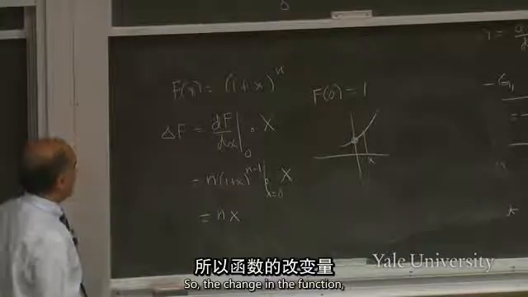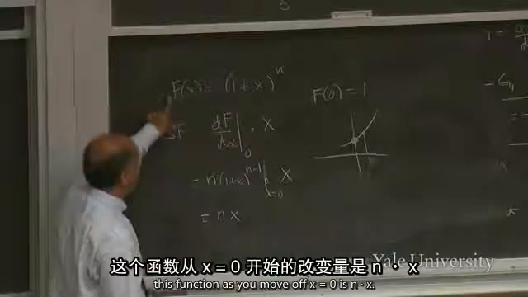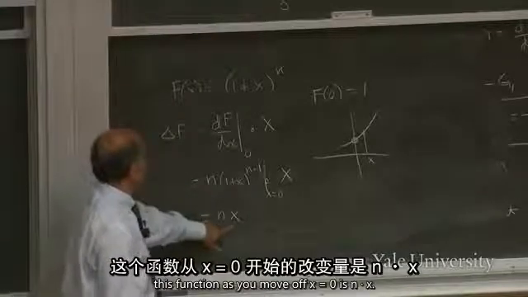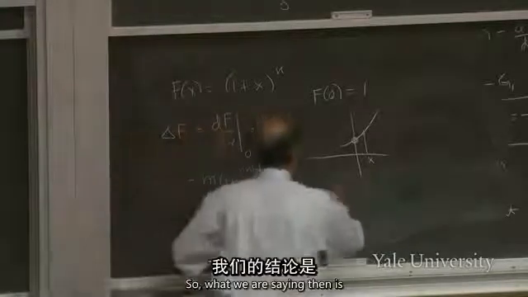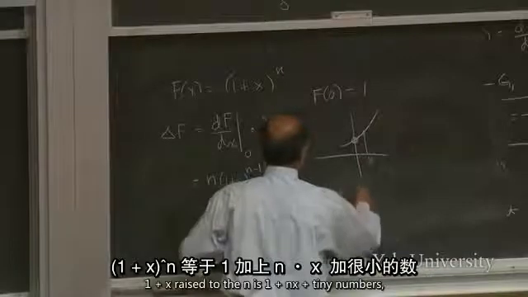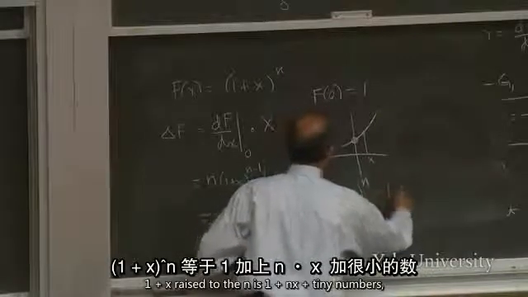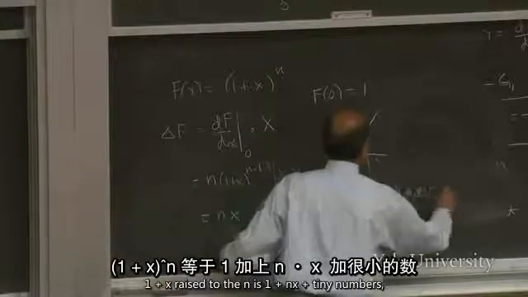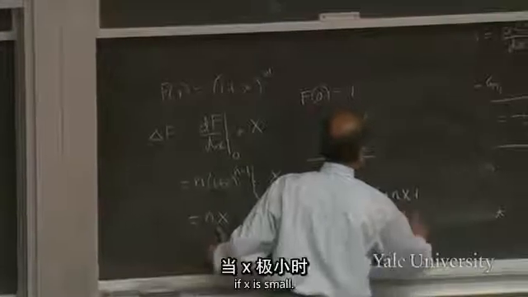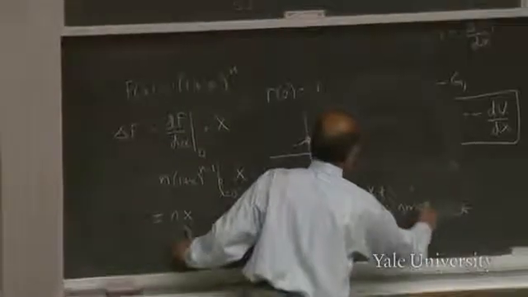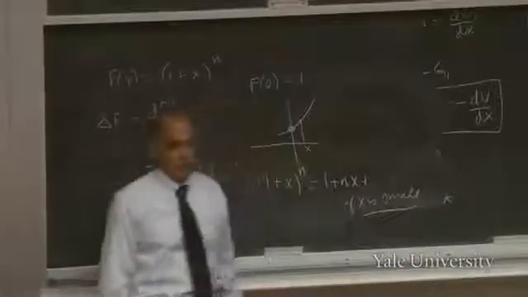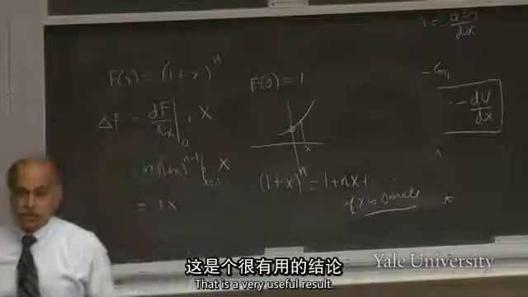So the change in the function as you move off x equal to 0 is nx. So what we are saying then is 1 plus x raised to the n is 1 plus nx plus tiny numbers if x is small.